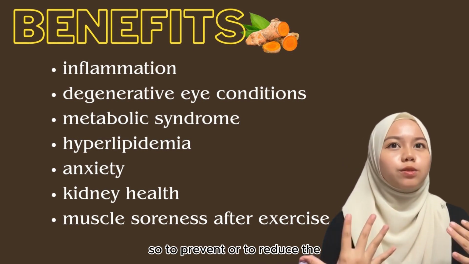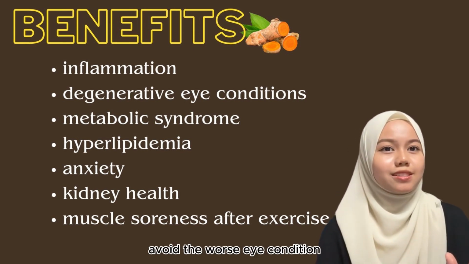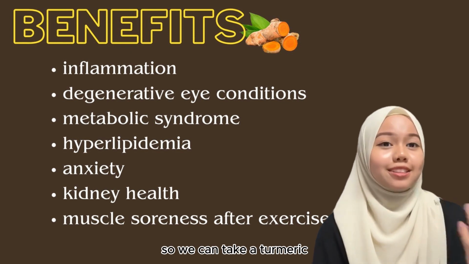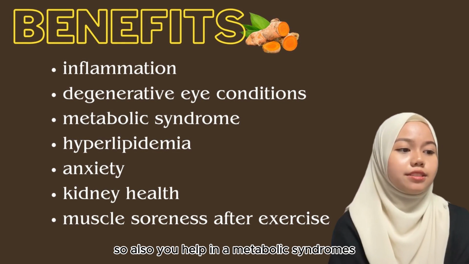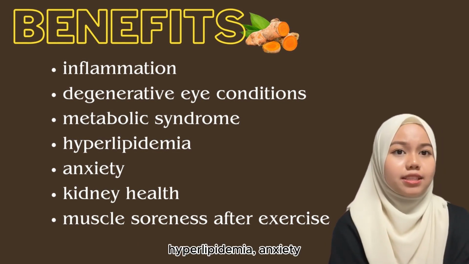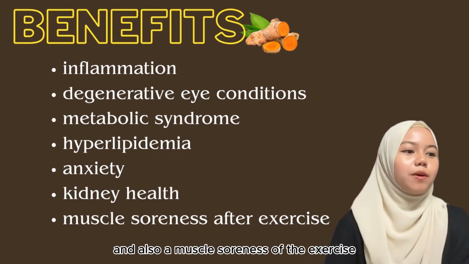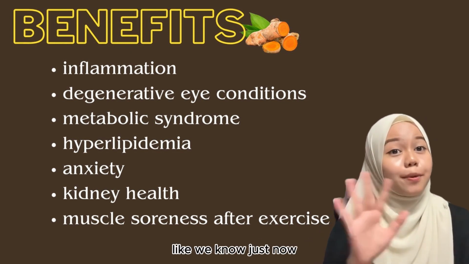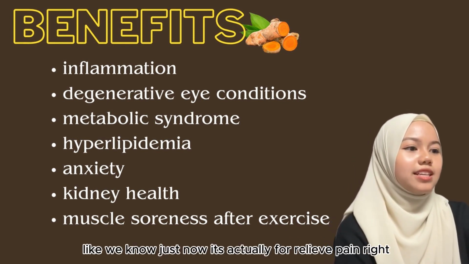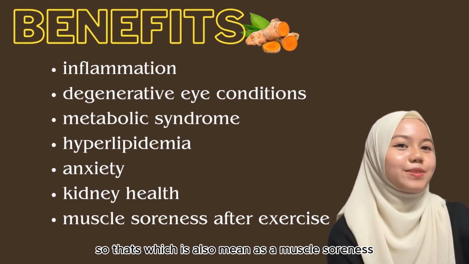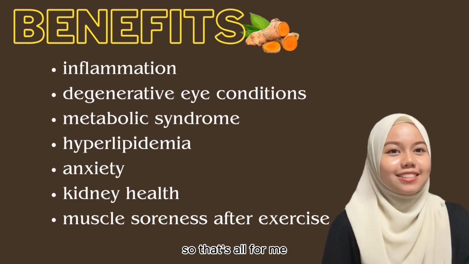To prevent it or to reduce the worsening of the eye condition, we can take turmeric. It also helps in metabolic syndromes, hyperlipidemia, dyspnea, anxiety, kidney health, and also muscle soreness after exercise. Like we know just now, it actually relieves pain, right? So that also means muscle soreness. So that's all for me.